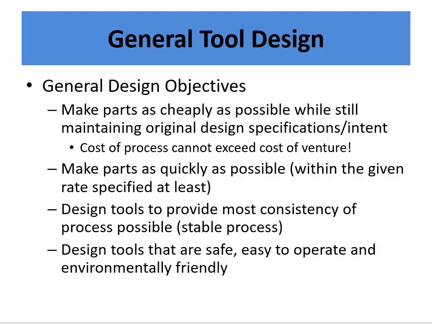Where this comes into play, and a lot of these things seem obvious on their face, is if you have some CNC machine that you want to buy and it's a really cool, expensive CNC machine, and let's say it costs $600,000 or something like that. If you don't have enough jobs to pay for that CNC machine, it's not going to work very well, right?